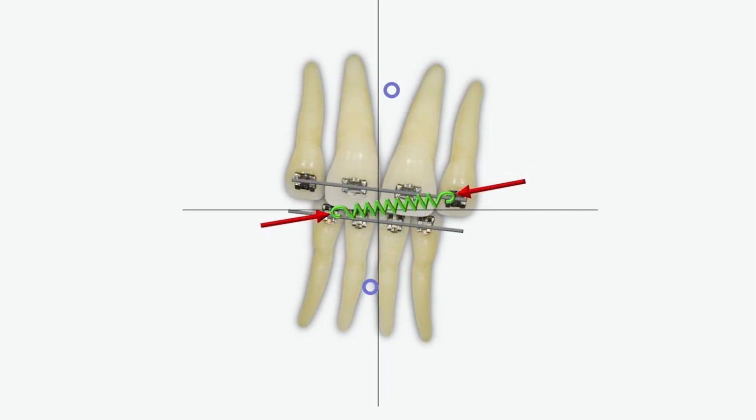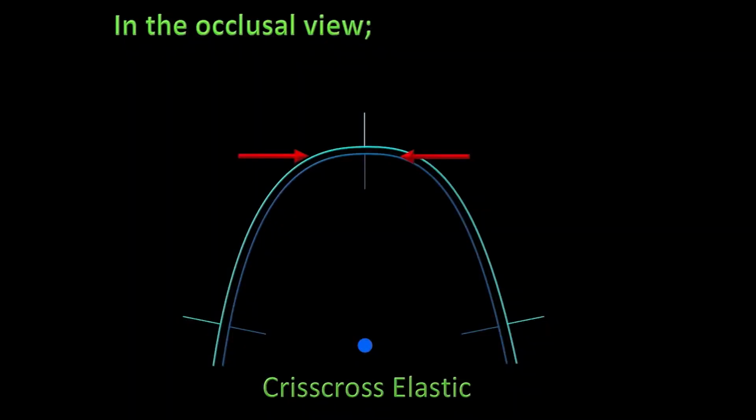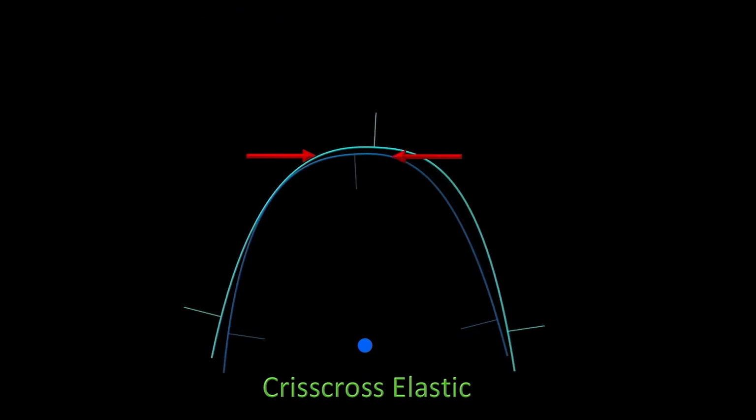They produce clockwise rotation of both segments. In the occlusal perspective, if large friction between brackets and wire inhibits individual movement of each tooth along the arch wire, there is a rotation of whole dental arch so that a symmetrical horizontal overjet will be created by anterior crisscross elastics.